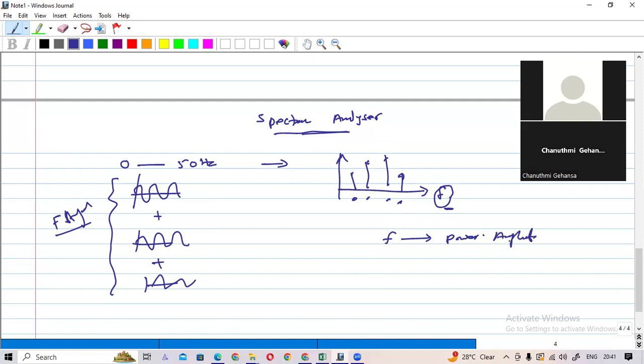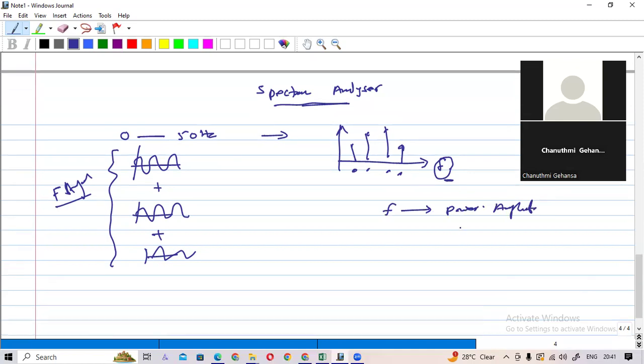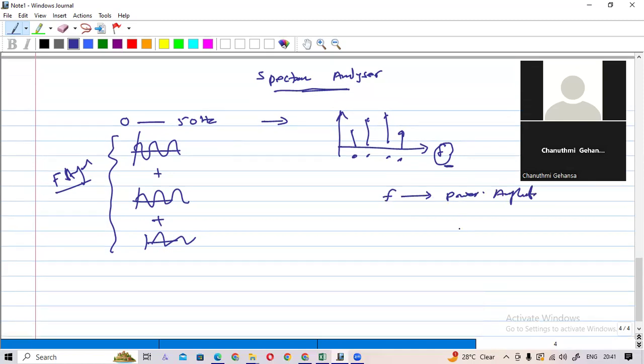A spectrum analyzer can be constructed using two methods. One method is you get a time domain signal, then using Fourier analysis, actually you can use the fast Fourier transform. There are some algorithms, we are using FFT.